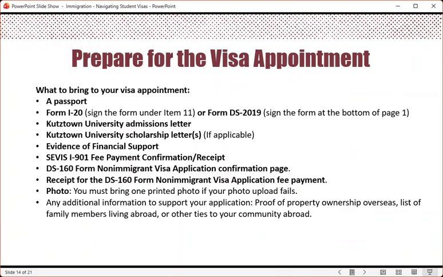We have seen students bring proof of property ownership overseas that shows ties to your home country. Whatever you bring, just note that the visa officer may not ask to look at any of the documents, but it is better to have additional proof with you so that if they do ask you a question, you can access it and provide it immediately.